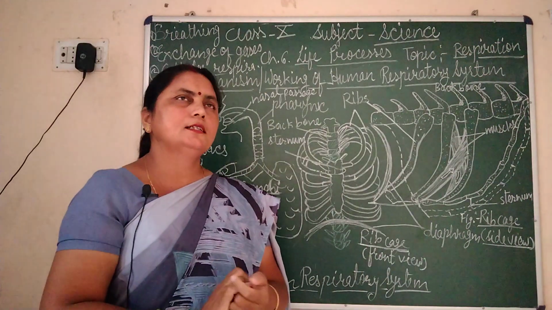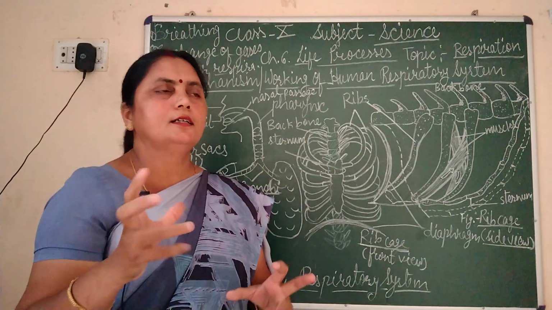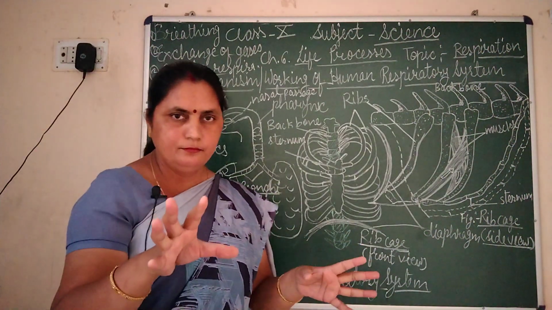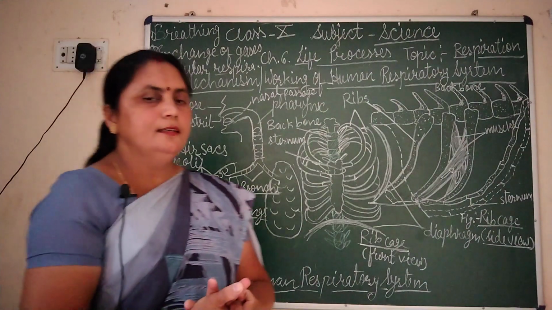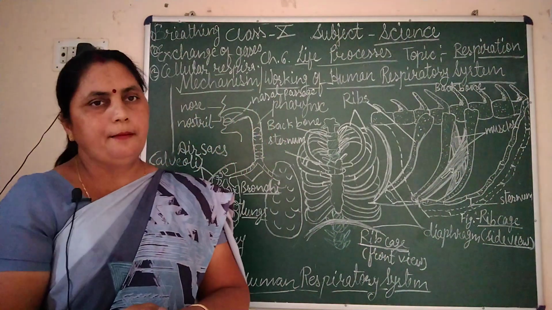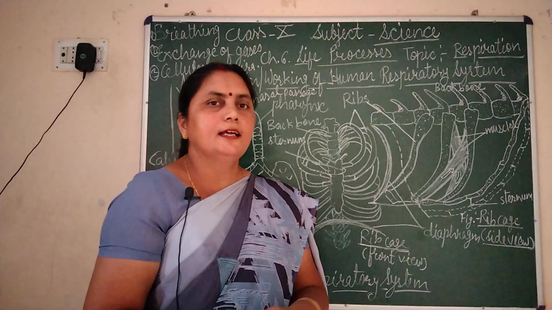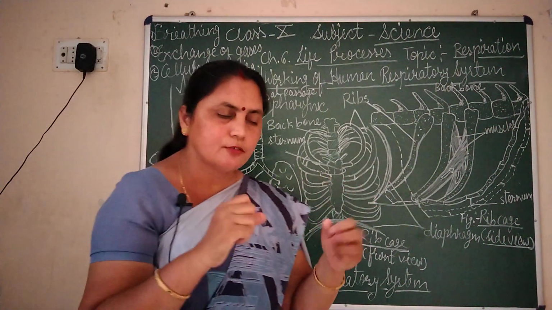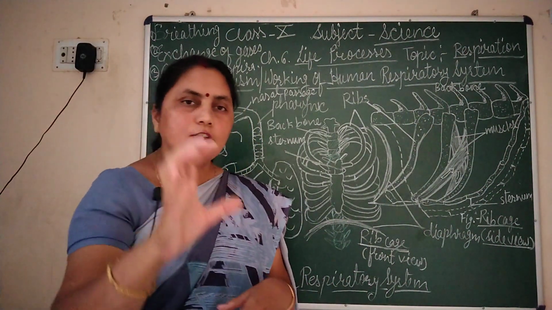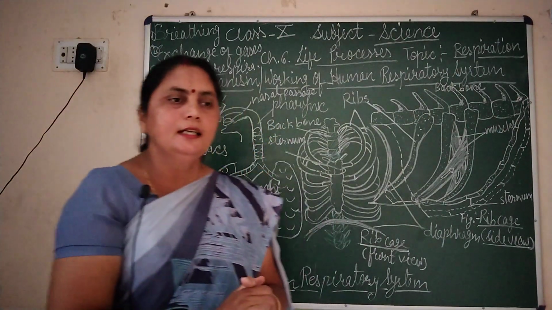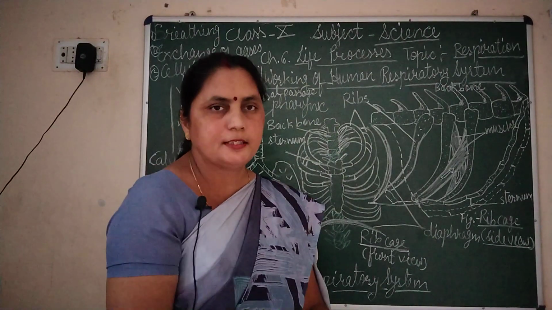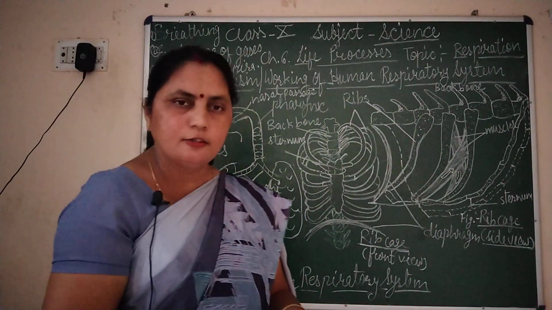One question is asked in board exam: suppose a deer is running fast and it is being chased by a tiger or a leopard, and suddenly if it gets tired and lactic acid is formed, what will happen? You can write the answer that because of fatigue and because of muscular contraction, there may be muscular cramps, and because of muscular cramps, it is possible that the deer who was running faster may have to stop suddenly, as happens in case of us also.